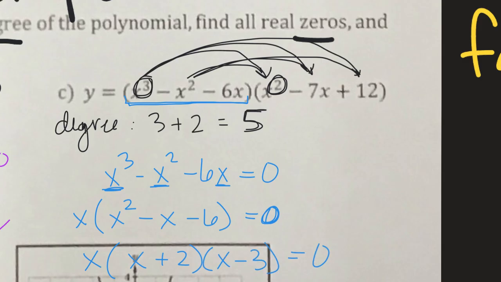If I did x times x, there's my x squared. 2 times -3, there's my -6. And when I FOIL this, -3x plus 2x gives me -1x. So these are all 3 of my linear factors. They all have a multiplicity of 1.